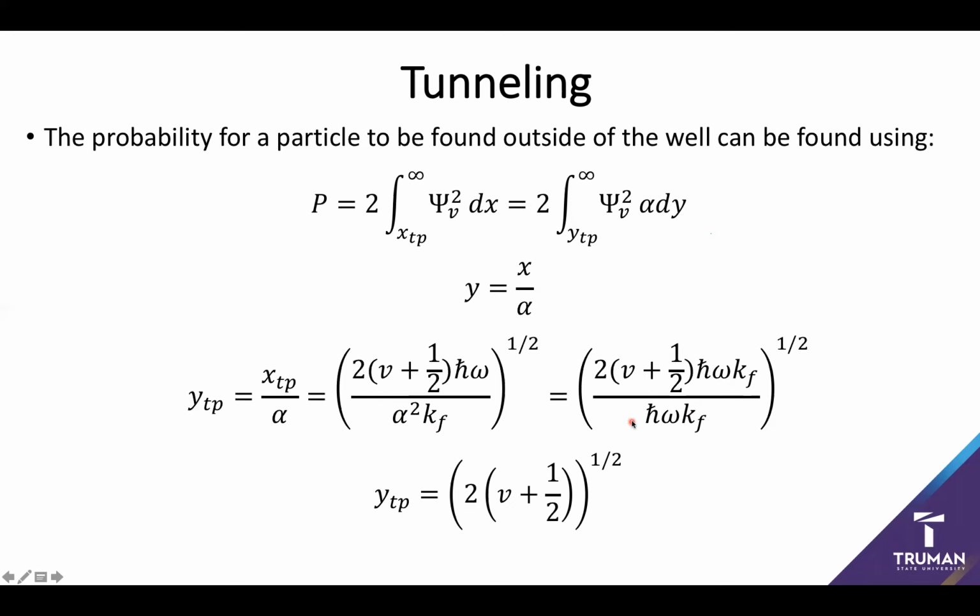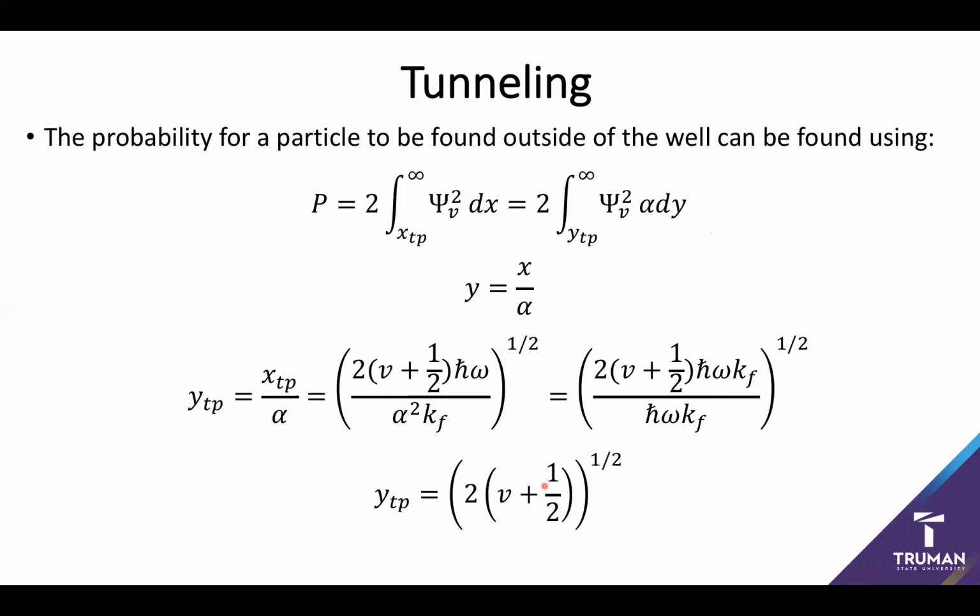So our Planck's constants cancel out, our omegas cancel out, and our kf's cancel out. So when we do this, all we're going to be left with is our classical turning point in terms of y is going to be the square root of twice our vibrational quantum number v plus 1/2.